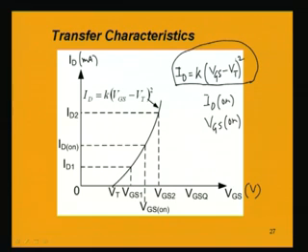Now, we are given a pair, ID and VGS, for on condition of the MOSFET. So, if we replace these values in this equation, then we get the value of K, which is a constant. Once we know the constant, for any other value of gate to source voltage, we can find out the drain current.